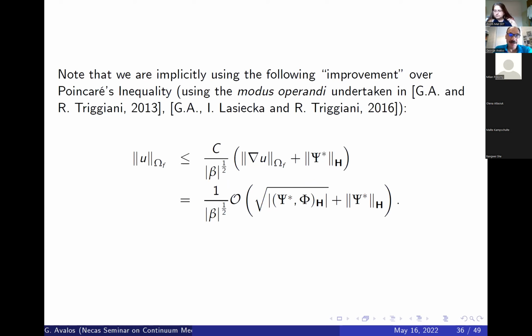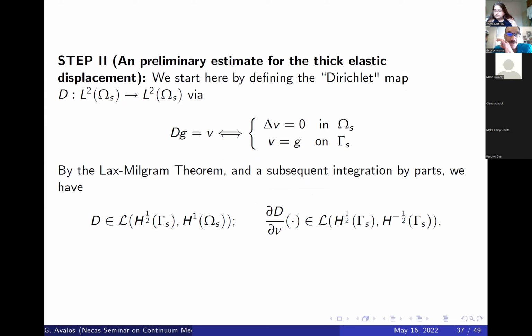Here we're improving by a scale of beta to the 1/2. And now by way of getting to the heart of the matter, again, the heart of the matter is L2 control of the normal derivative. By way of obtaining this normal control, we resurrect our Dirichlet map. In this case, a harmonic extension of boundary data for this canonical model.